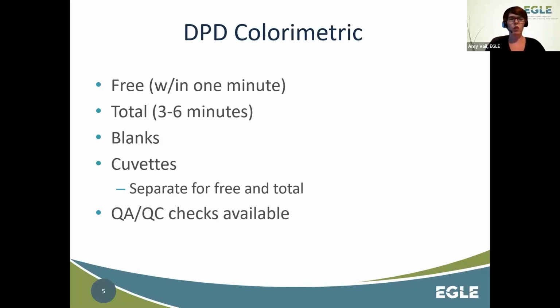You also want to make sure that you have blanks that you're using every time for these tests. You always want to blank with the water that you're testing because the water that you're testing might have some discoloration if you have some iron in it, or it might be cloudy, or what have you. So you want to be testing like with like. When you run a blank with the free or the total reagent and you run a sample with it, you're comparing the same two sources.